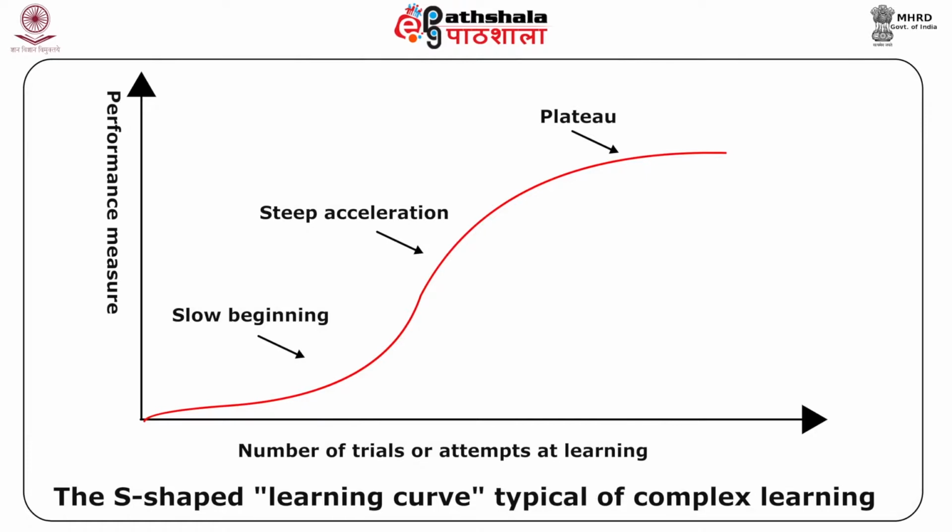Progress is slow at first, and then a subject may experience a burst of learning that produces a rapid rise on the graph. As you can see, this is the S-shaped learning curve typical of complex learning. The economic learning of productivity and efficiency generally follows the same kinds of experience curve and has interesting secondary effects.